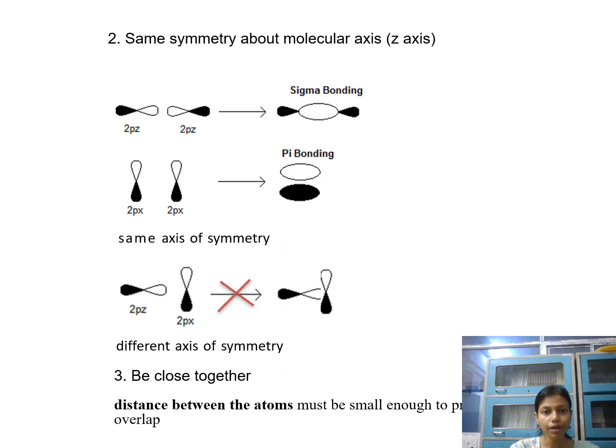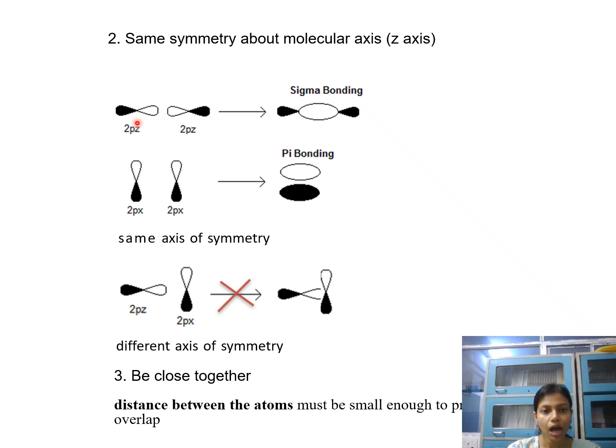What is criterion number 2? The atomic orbitals which take part in making a molecular orbital should have the same symmetry about the molecular axis. Normally the z-axis is the molecular axis, meaning the sigma bond forms on the z-axis. How does a sigma bond form? By head-on overlap.